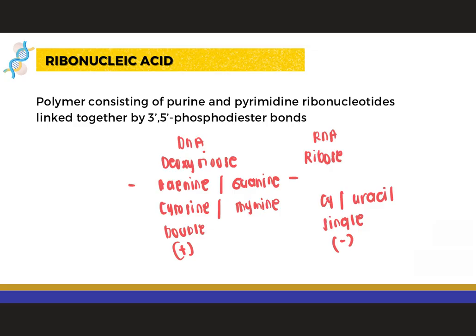But your RNA is unstable and can be hydrolyzed by alkali to 2' to 3' cyclic diester of your mononucleotides. Remember, in RNA the sugar is ribose, which is less stable. RNA is also single-stranded, so your Chargaff's rule doesn't apply, and all RNA viruses are single-stranded except for reovirus.